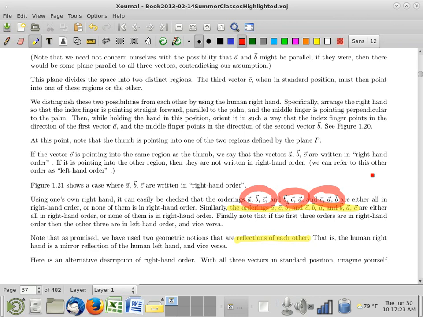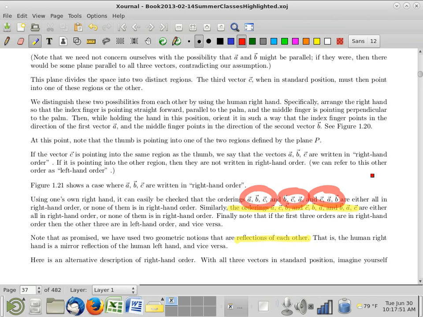Okay. Now let's consider BCA. That's A, that's B, that's C. So BCA is that's first, that's second, that's third. Also a right-hand ordering. All right, does everybody see that? So this little hand gesture here is the motivation behind the idea that ABC and BCA are always in the same order.